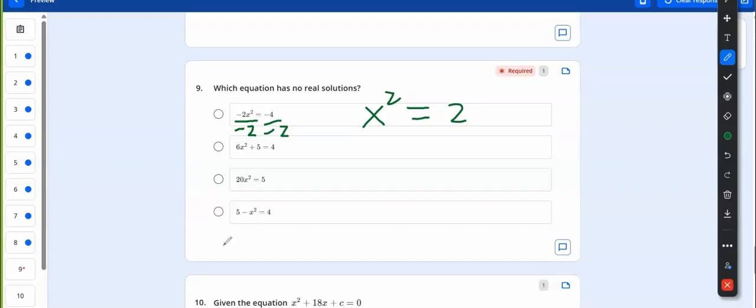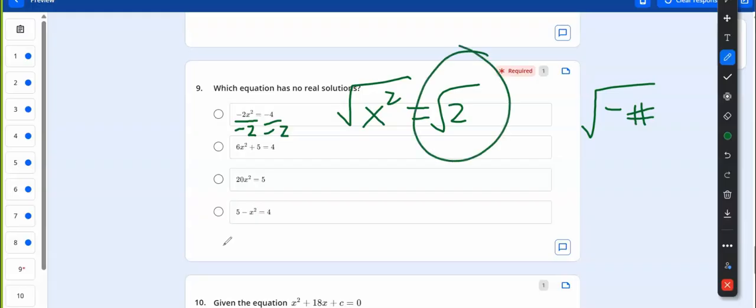Can you get good solutions out of that when you take the square root? No. So what you're looking for is a negative number under a radical. If you start solving this and you get a negative number under the radical, that is something that has no real solutions. This clearly is not that situation.